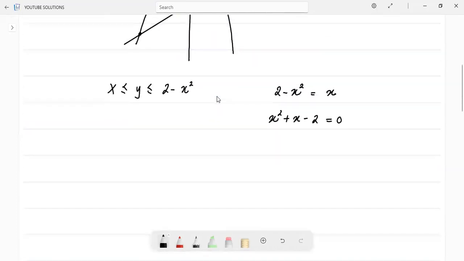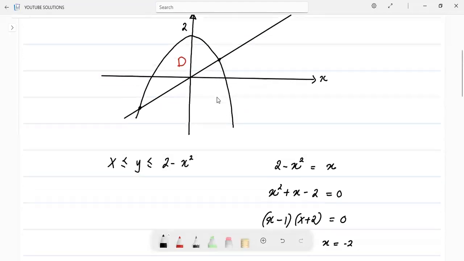We can factorize this: the product is negative 2 and the sum is positive 1, so the factors are negative 1 and positive 2. Then we have x equal to 1 or x equal to negative 2. This means that the lowest value of x here happens at negative 2.